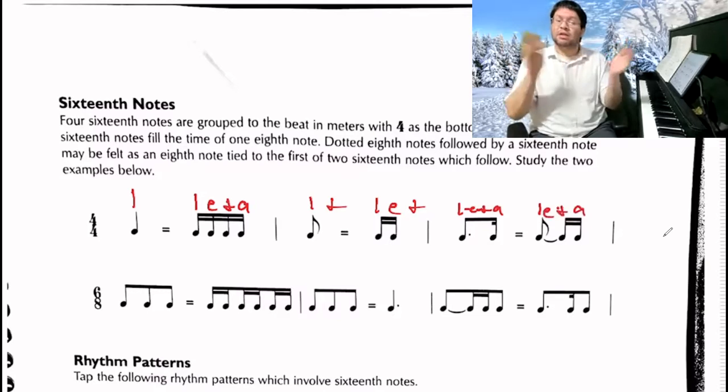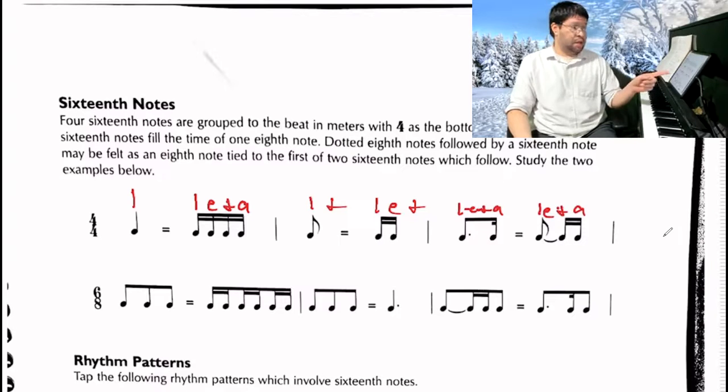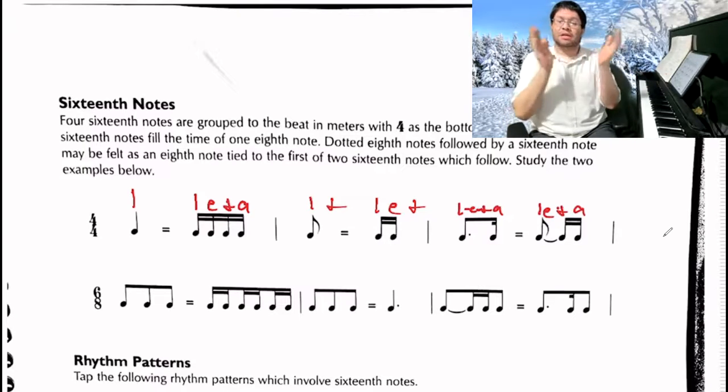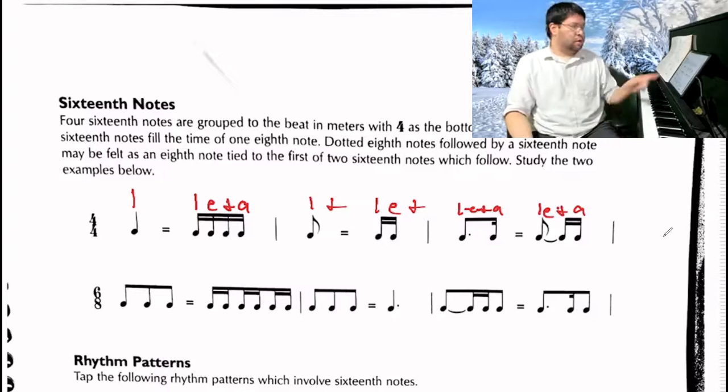We could also say 1 E and to indicate the E and of the 8th note and the 16th note. So once again, the last example there, 1 E and.